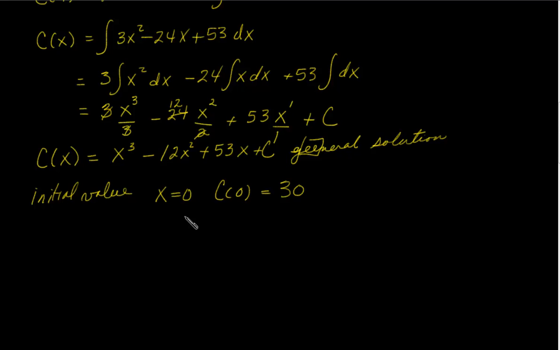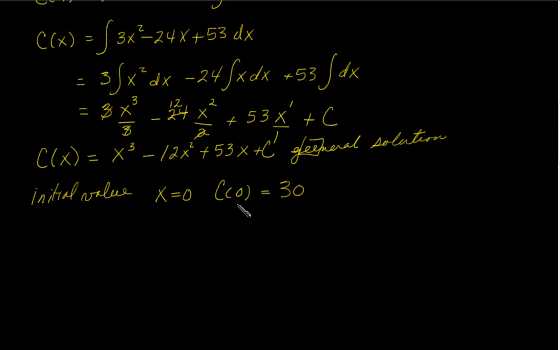Remember when we talked about fixed costs? Fixed costs are what you have even if you're not producing. And we know in this case the fixed cost is 30,000, but our units are thousands, and so we've made it 30. When I have 0 production, I've still got a cost of 30,000 or 30 since our units are in thousands. So that's an initial condition.